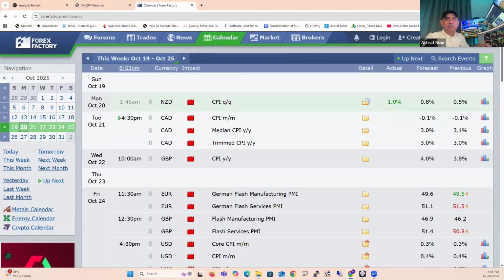I'm going to give you one tip here. Most novice traders look at the red and green, because I've experienced that during our live sessions. Even when you compare the data, make sure you always compare with the forecast and also with the previous data, because sometimes data seems to be positive based on the forecast, but is not positive based on the previous data.